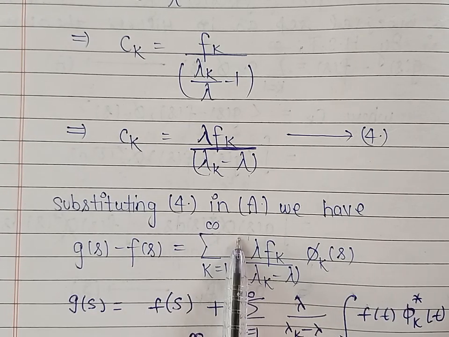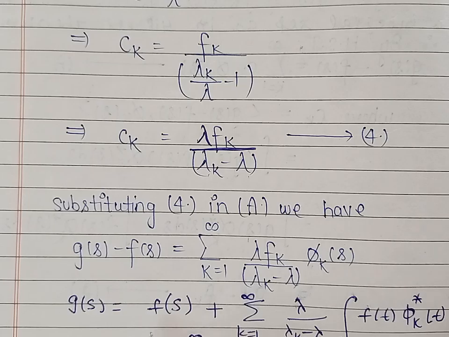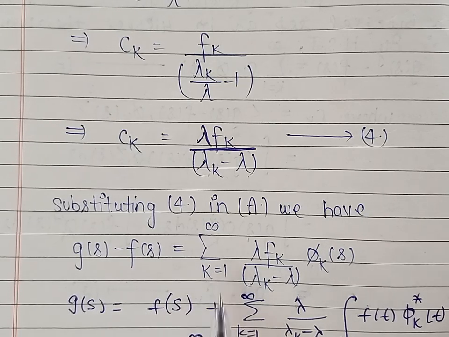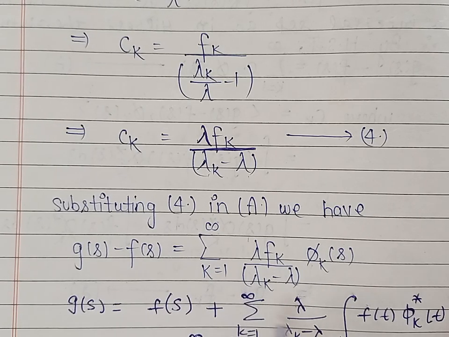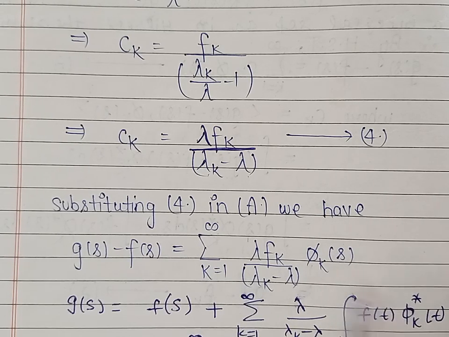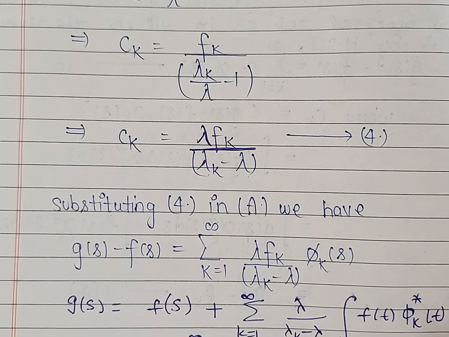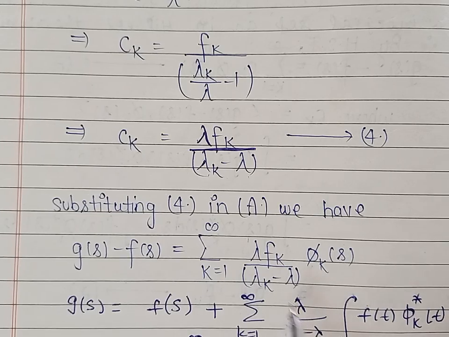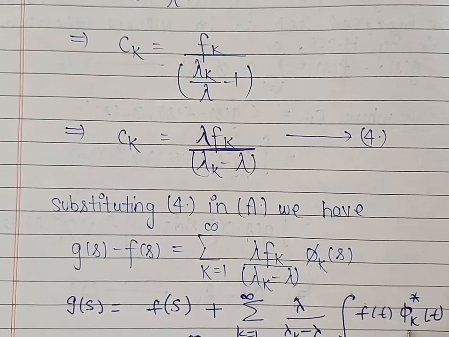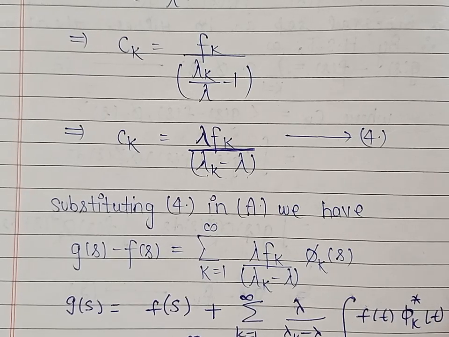Shifting this term to the right side, we get the solution of the given integral equation, g(s) = f(s) + summation k from 1 to infinity of lambda / (lambda_k - lambda) f_k phi_k(s). Here we substitute the value of f_k, the Fourier coefficients, which are given by the inner product of the function f with phi_k. So this is the integral of f(t) phi_k conjugate(t) dt times phi_k(s).